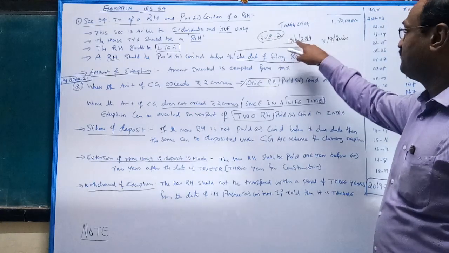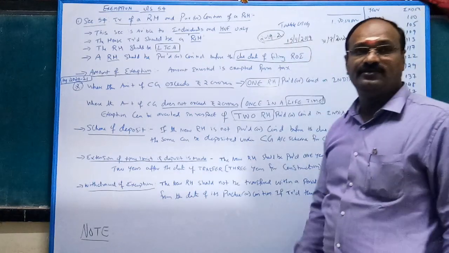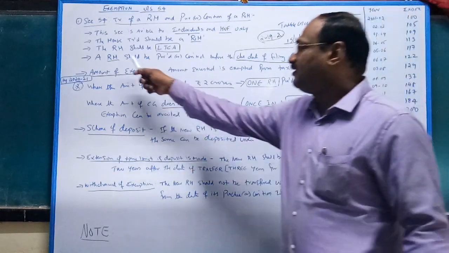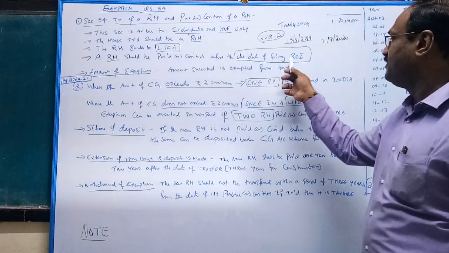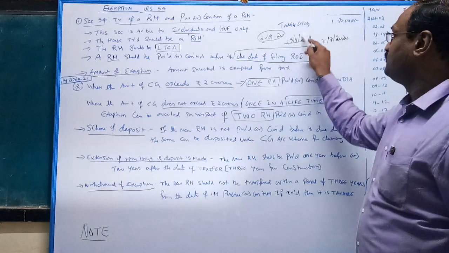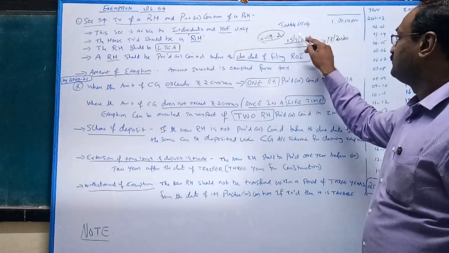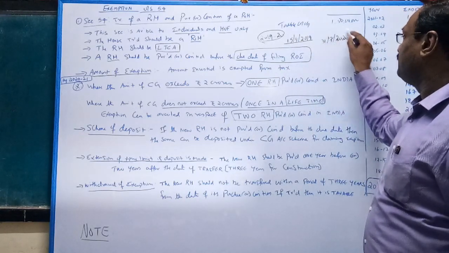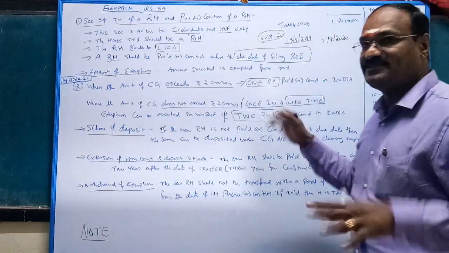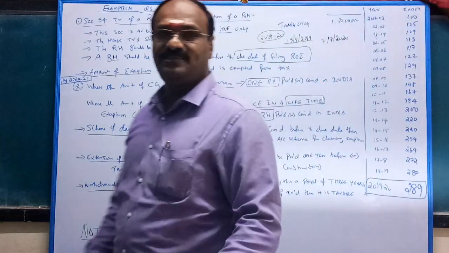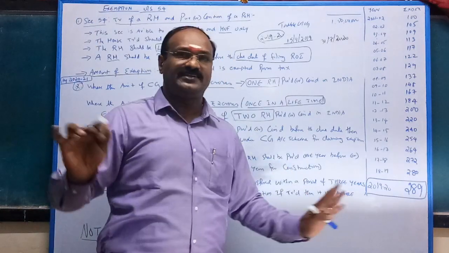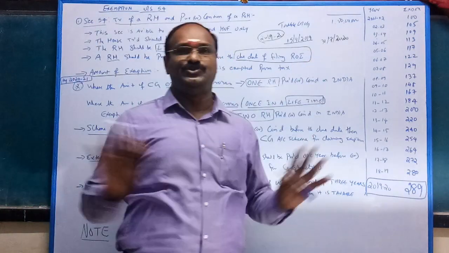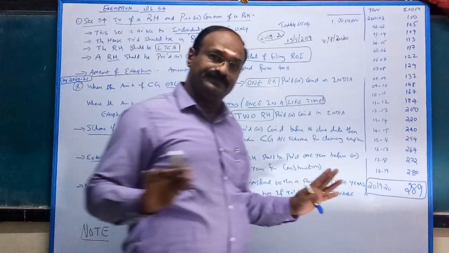You transferred the house on 15/11/2019. The provision says a residential house should be purchased or constructed before the due date of filing of return. It means that from 15th November, on or before 31st July, either you purchase or construct the property. If you purchase or construct before 31st July, no issue.